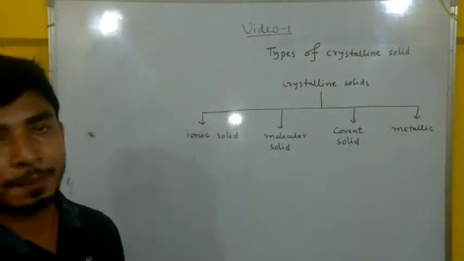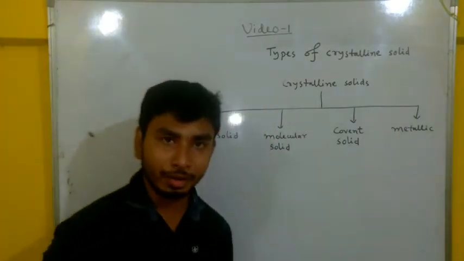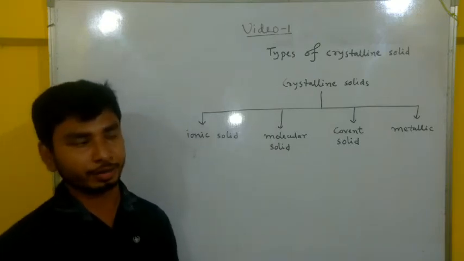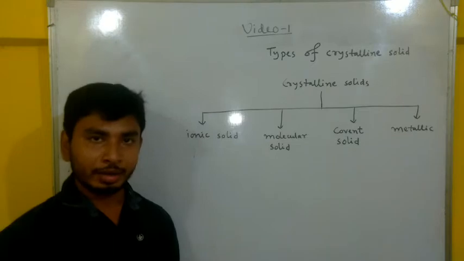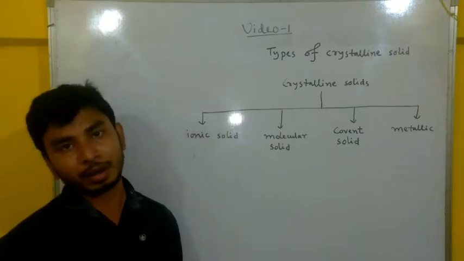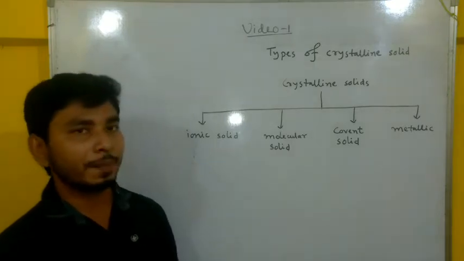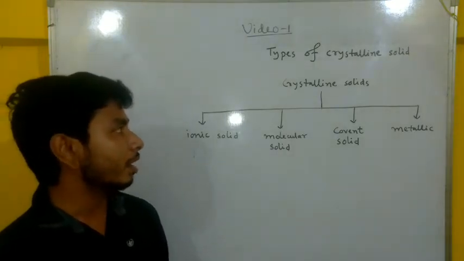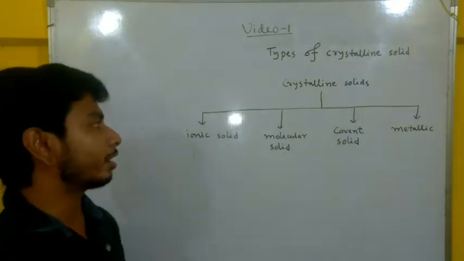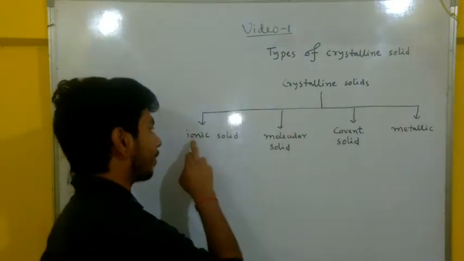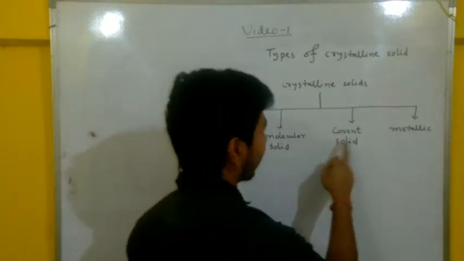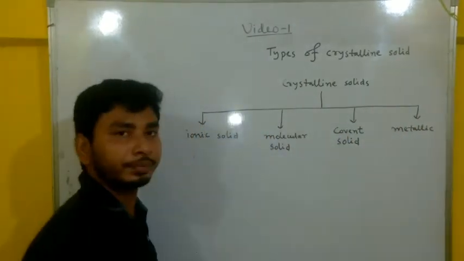So depending upon the nature of particles and the particle attraction, we know that in a substance there is interparticle attraction. So depending upon the nature of particles and interparticle force of attraction, crystalline solid is classified into ionic solid, molecular solid, covalent solid, metallic solid.